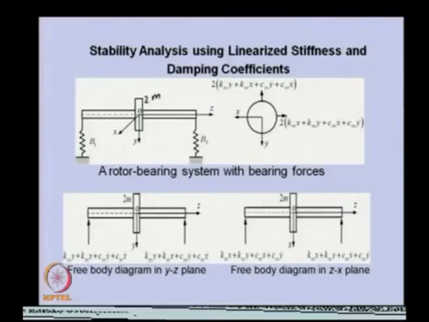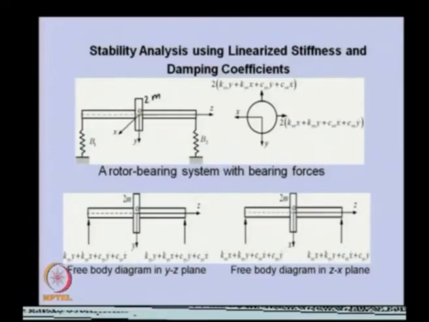The same thing is drawn here. This is the free body diagram of the rotor in one of the planes, let us say the YZ plane. In this YZ plane we have bearing forces from this bearing and this bearing. They have similar coefficients, so they look alike. Similarly, this is the free body diagram in the ZX plane, and you can see that because of the cross coupled stiffness and damping, both x and y appear in this.